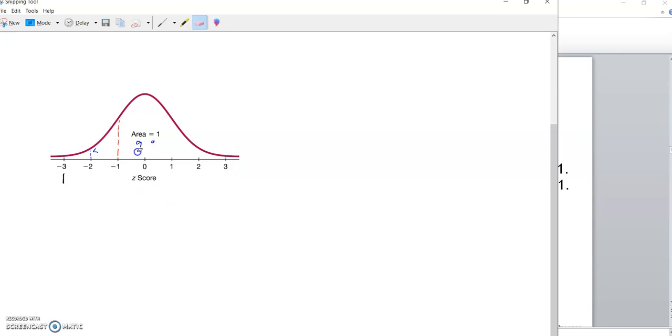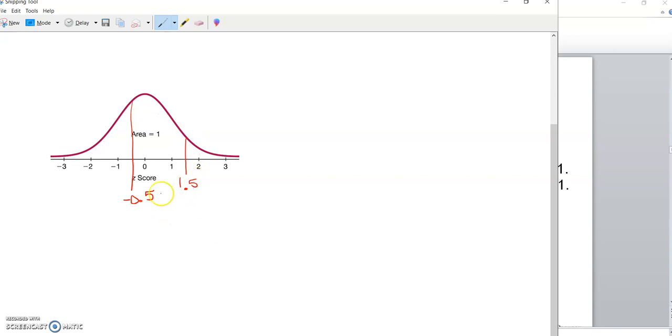Let me get this all cleared out for a second. If I line up with those numbers, then you know the answer is going to be either 68, 95, or 99.7. But what if I asked you what percent is between this line at negative 0.5 and this line at 1.5?